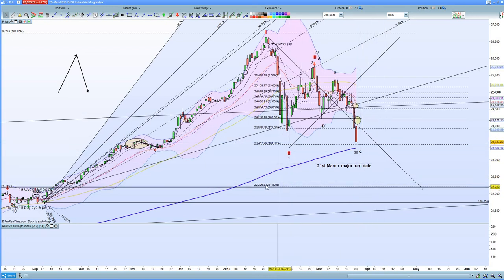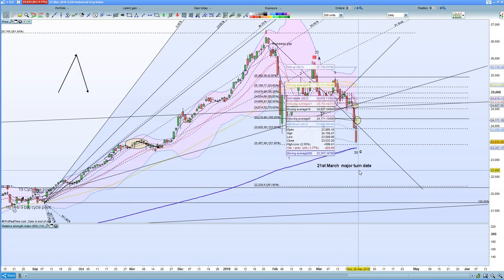My next target is the 261 on this Fibonacci measurement of 22,266.